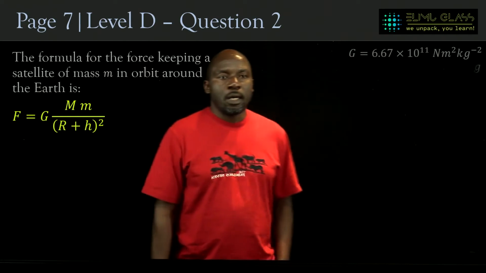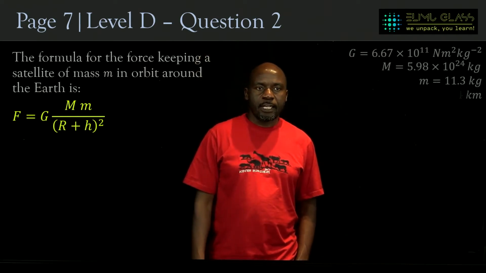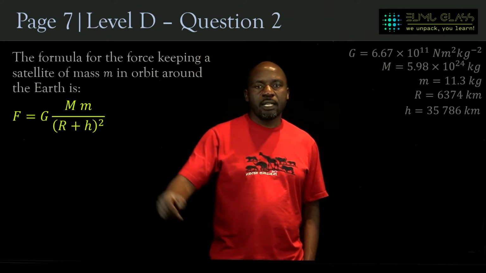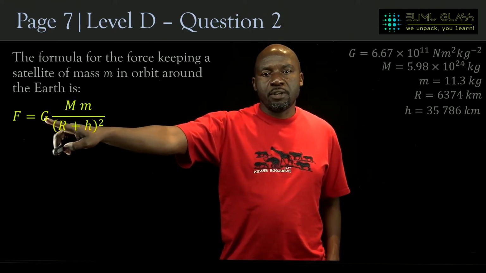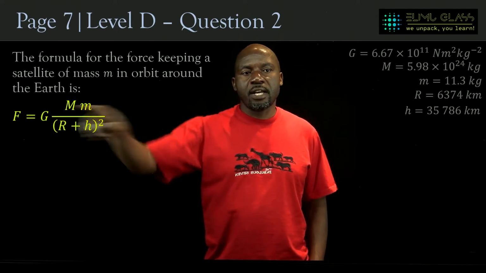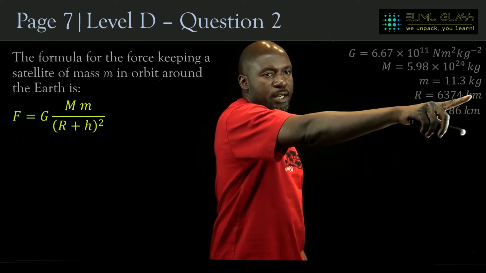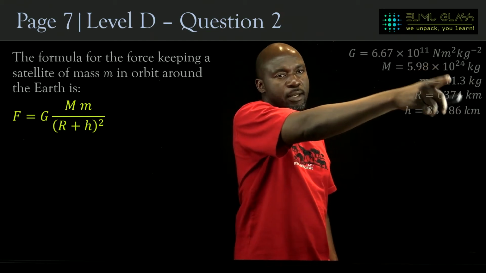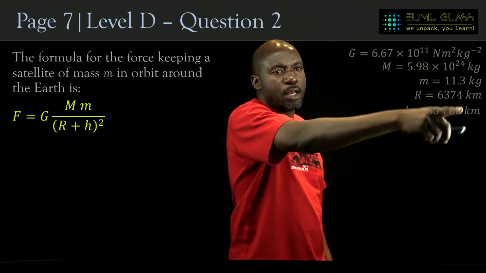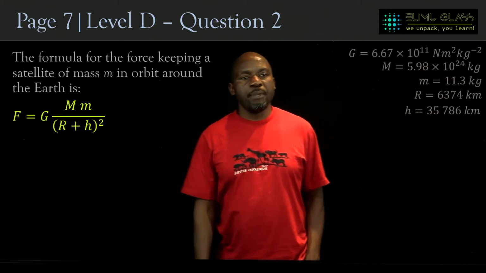So here are those values again. But like I've said, the unit of force is newtons. If you're going to find that in newtons, then these distances need to be in meters and not kilometers. The mass is in kilograms, which is fine, but the distances must be in meters.